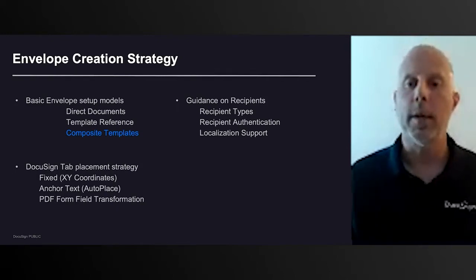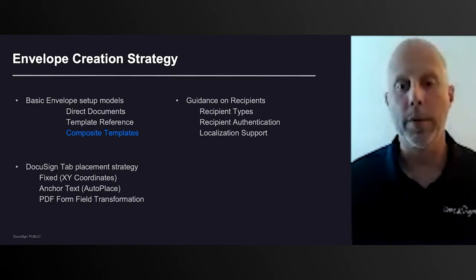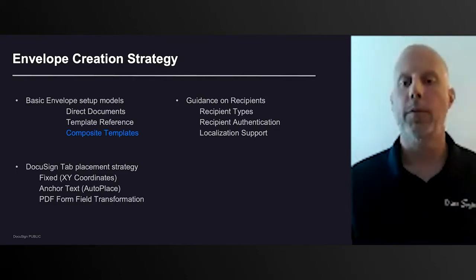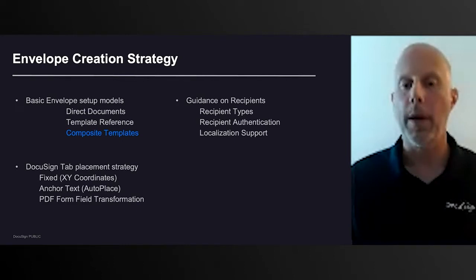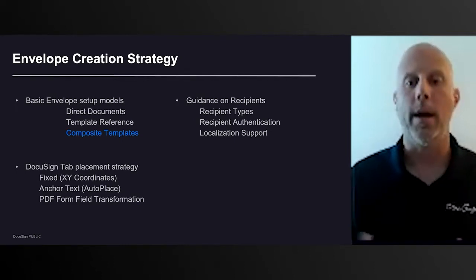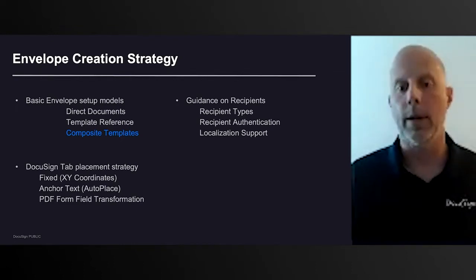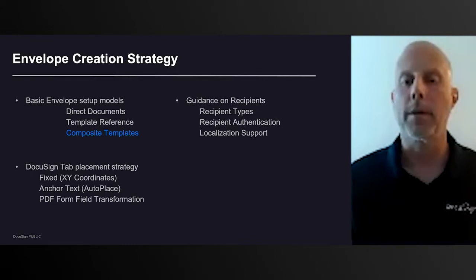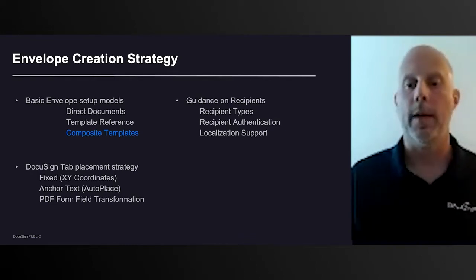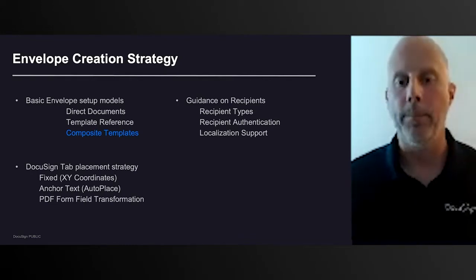So lots of recipient types. Again, those are detailed out on the developer center, but build some flexibility in your integration to be able to account for that. Users like to use a carbon copy. It's a great way to get those notifications for maybe a user that's not a signer on the envelope. They'll get the carbon copy, they'll get the documents possibly back in an email. Great, they can start acting on them that way.